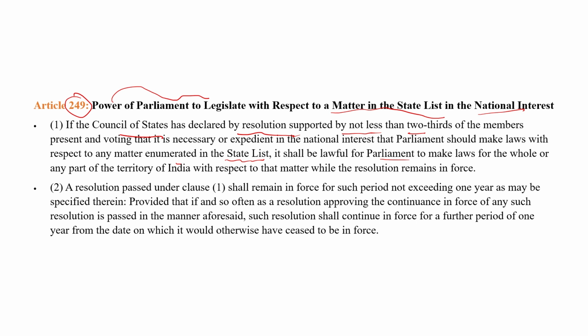But to make the law, first the Council of States, Rajya Sabha, has to pass a resolution by a two-thirds majority, and Rajya Sabha has to explain that it is necessary to make law for a state subject in the national interest. In that case only, Parliament can make law for the second list of the Seventh Schedule. Clear?